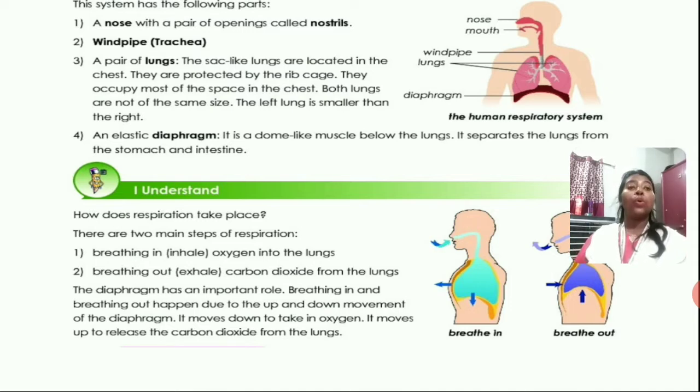Yes, and who helps to do that? Our diaphragm. Yes, we remember the structure of the diaphragm, that is a dome shape. When the diaphragm moves up and down, it helps our lungs to fill with air, and it also helps our lungs to move out the air, isn't it? We have seen that one.